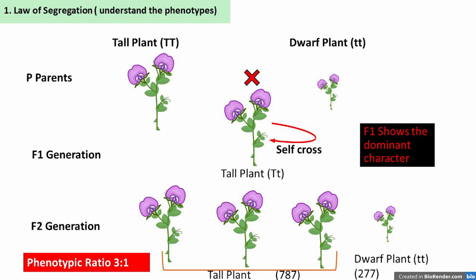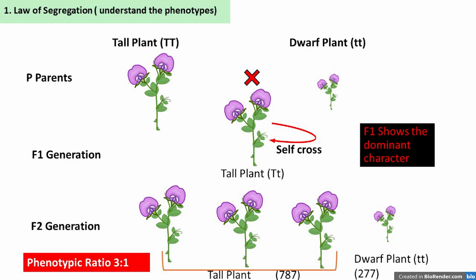That is a great observation. And as I said, Mendel was meticulous and counted numbers. He counted 787 tall plants and 277 dwarf plants, so the ratio was about 3:1 for tall to dwarf. Because we are talking about phenotype, this is the phenotypic ratio.